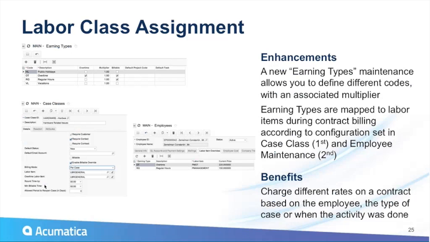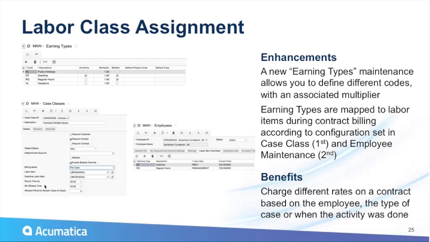So you could decide to charge 1.5 times the regular rate if you're overtime, and you will configure this through the earning types screen. So during the contract billing, the system will map the earning type of an activity to contract items according to the configuration you set in the case class and employee maintenance. So this allows you to charge different rates on the contract based on the employee, the type of case, or when this activity was made. So very flexible ways to configure your contracts.